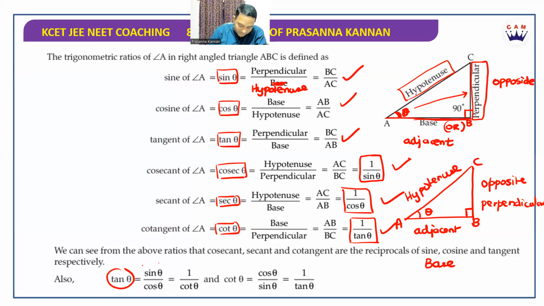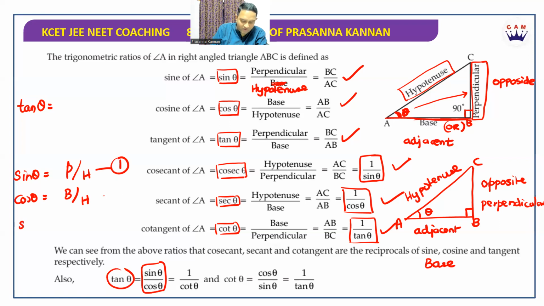Tan theta you can also write as sin theta by cos theta. Because what is sin theta? Perpendicular by hypotenuse. And what is cos theta? Base by hypotenuse. If I take this equation as 1 and this equation as 2, and divide the two equations, what will I get?